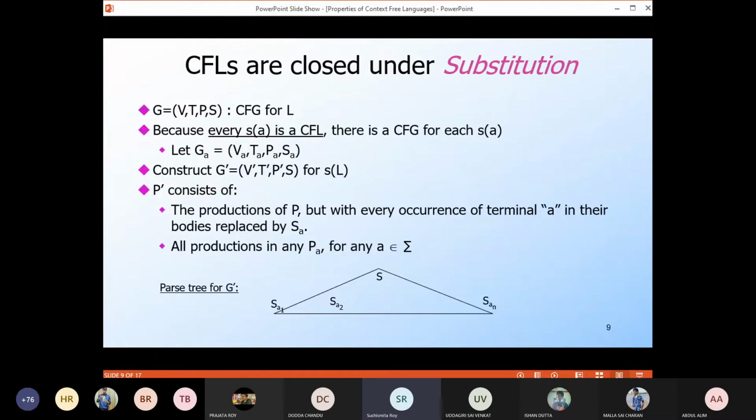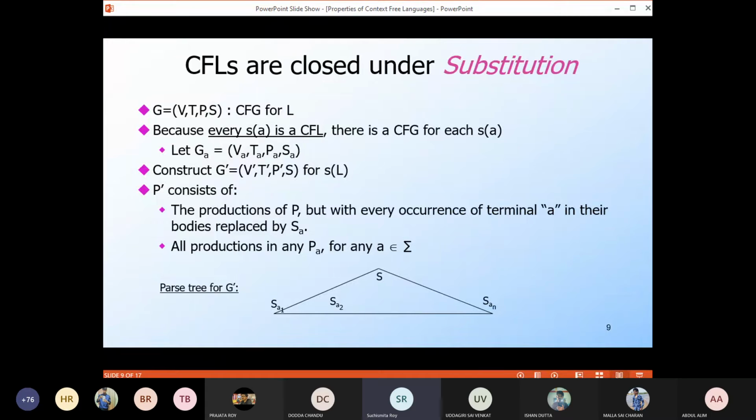Note that for every string of this original language L, suppose there is a parse tree like this, where the terminals are labeled. The start symbol will be this S, as you know the root is the start symbol. Internal nodes will be other variables, and the leaves are labeled by the input terminals.